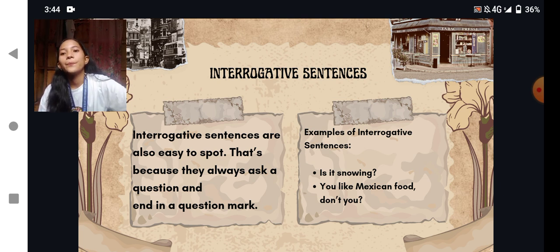So for example, is it snowing? It is an interrogative sentence because it asks or seeks information and ends with a question mark. You like Mexican food, don't you? It is also an interrogative sentence because it seeks information and ends with a question mark.